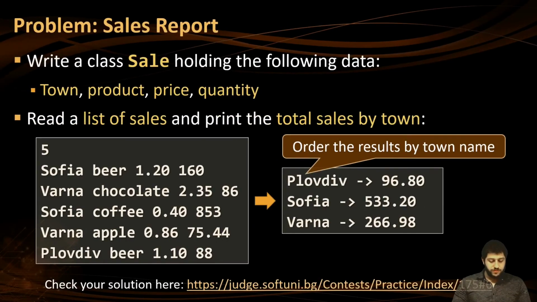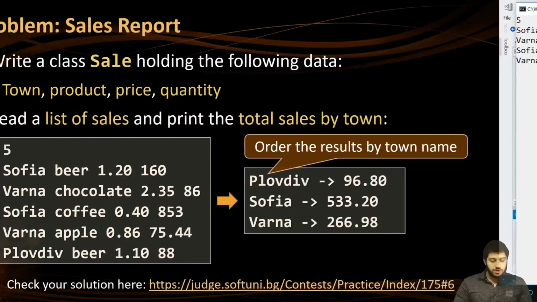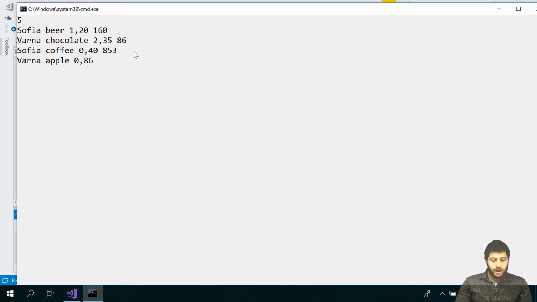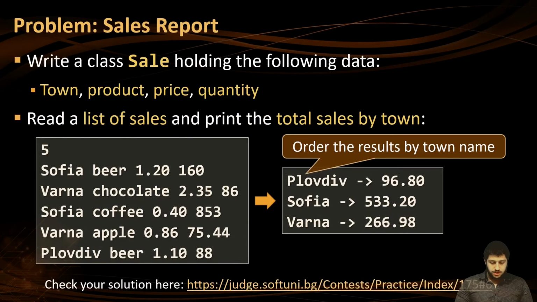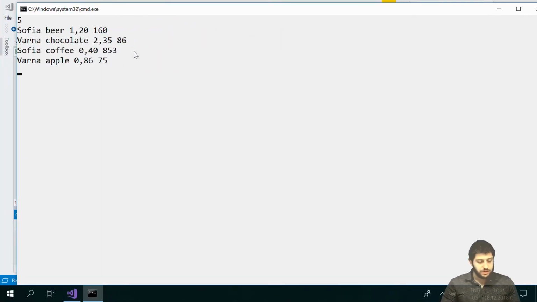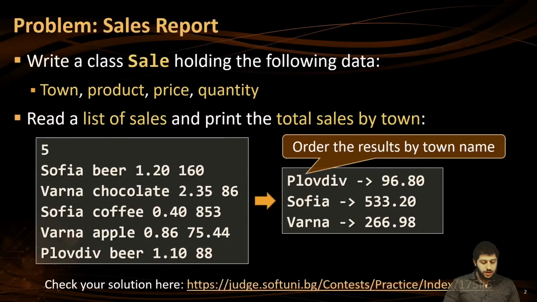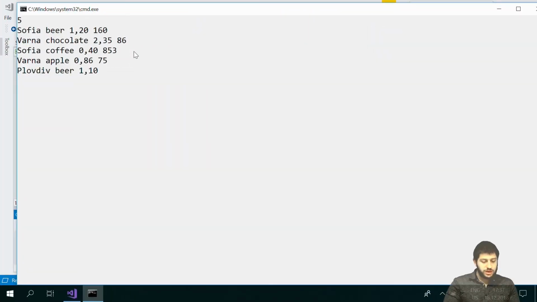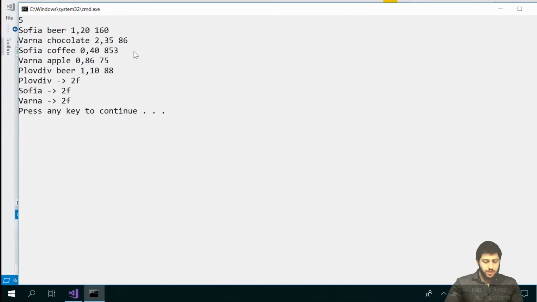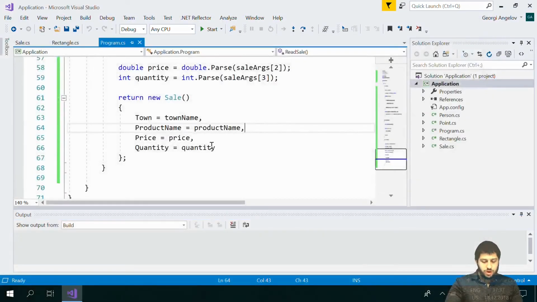We have Varna, apple, 0.86, 75, or we shouldn't be receiving actually decimals, but whatever. Let's just leave it. We're going to fix it later. So we have Plovdiv, and again we have beer, and it's 110, 88, and we get the incorrect result, and I'm pretty sure I know why.